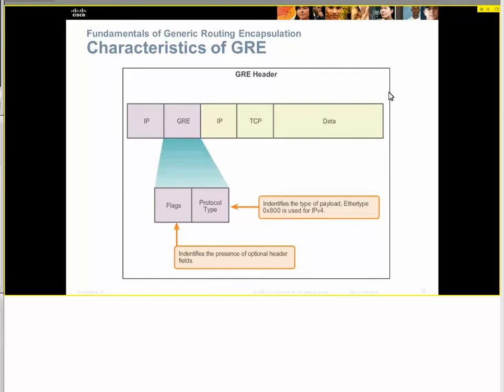Now, when we talk about IPsec in the next section, we're going to talk about how that re-encapsulation process then encrypts the payload, the second round of payload. But standard GRE does not do anything.